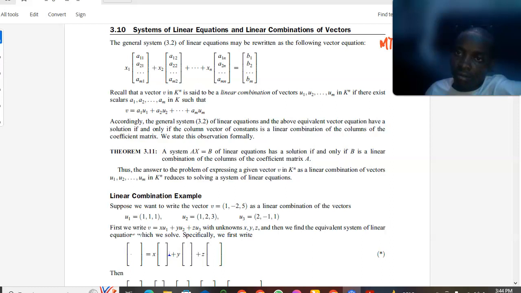So the topic here is systems of linear equations and linear combinations of vectors.